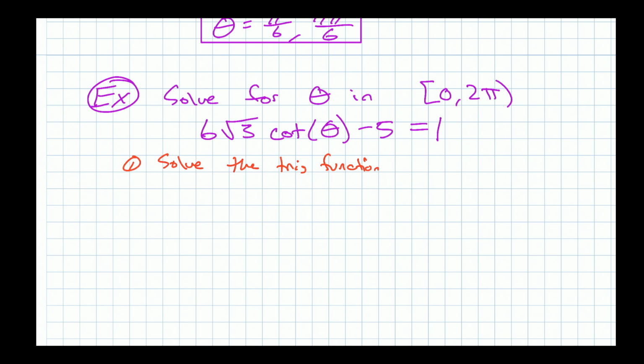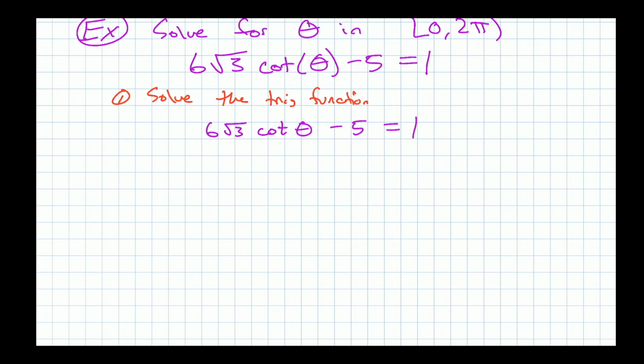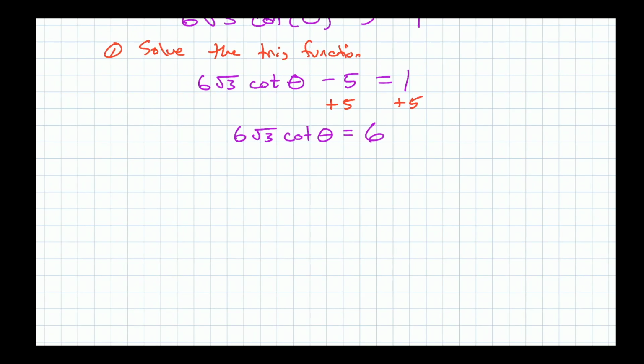So that's the cotangent. So we have 6 square root 3 cotangent theta minus 5 equals 1. So first thing we should do is move the 5 over. So plus 5, plus 5. So now you have 6 square root 3 cotangent theta is, the 5's cancel, so that's 6. Now you're trying to solve for the cotangent theta.